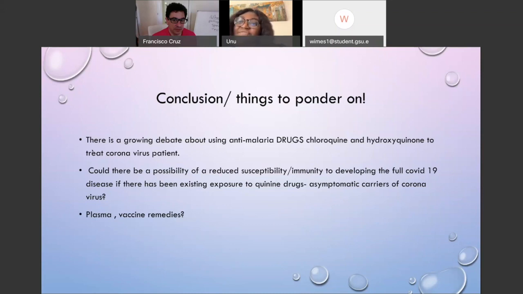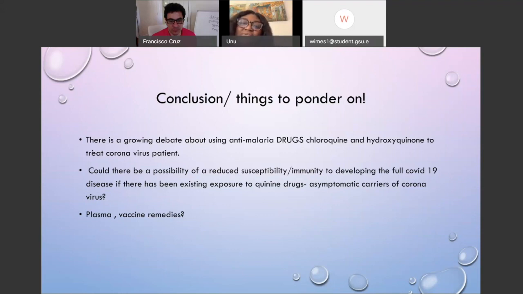So the question for me, and maybe for a lot of people who have been exposed to anti-malaria medication in the past, is could it be that there's a reduced immunity that you've developed along the line by exposure to this medication? Is it a preventive medicine or just used for treatment, and could asymptomatic carriers exposed to this drug gain some type of immunity?